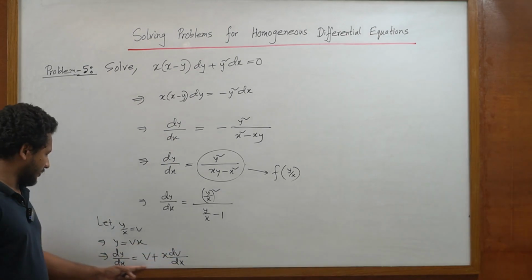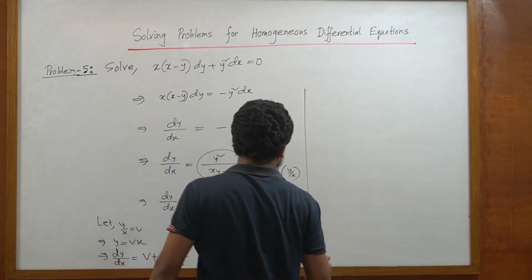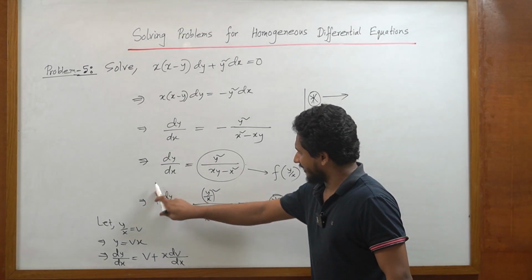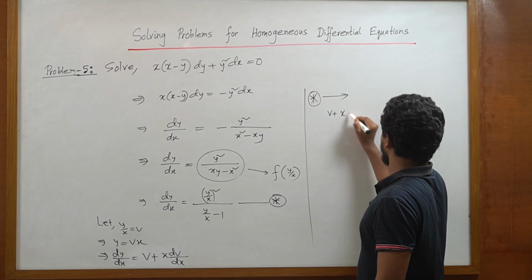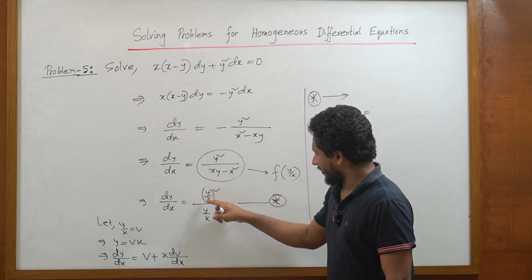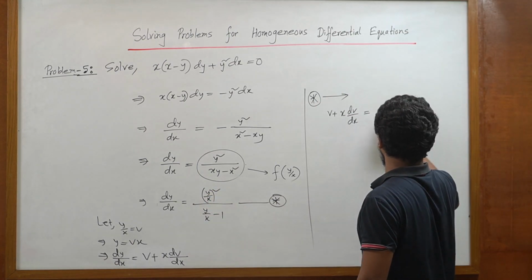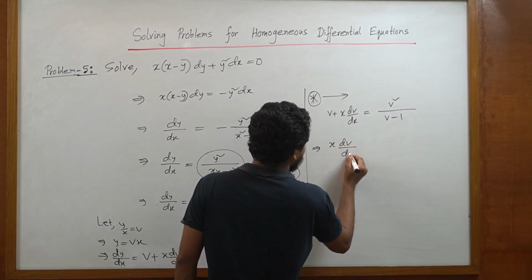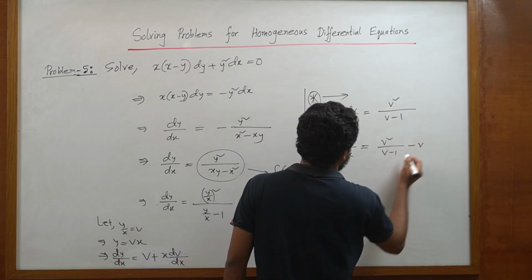Putting this information into this star equation, we will get dy/dx as v plus x dv/dx, equals y by x as v. Now x dv/dx equals v square by v minus 1, minus v.